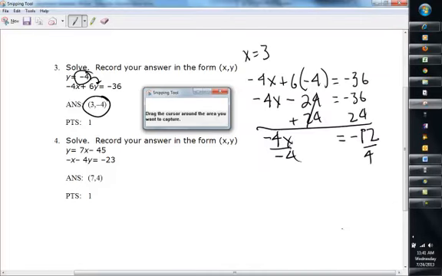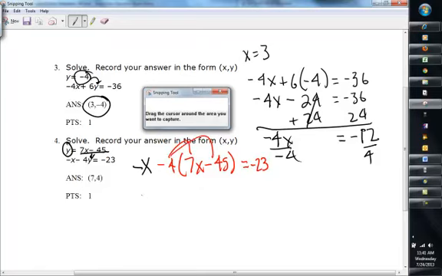For the next one, y is already alone, so we're going to write 7x minus 45 in for y in the second equation. So negative x minus 4 times 7x minus 45 equals negative 23. So we have to multiply out the parentheses.